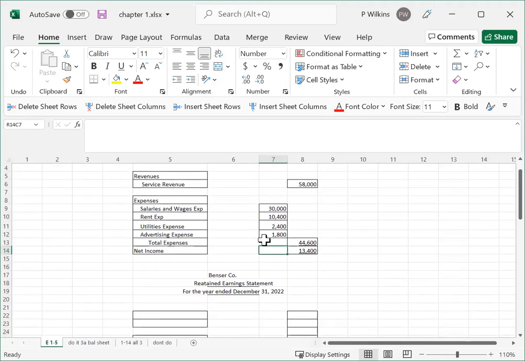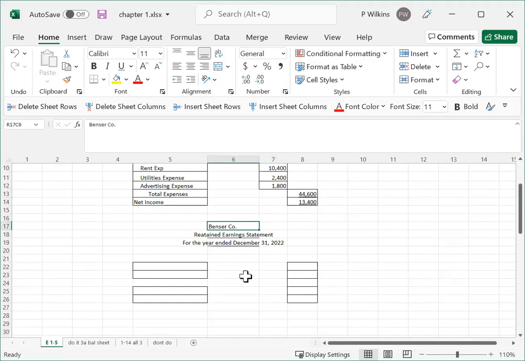All right, so now we are going to do the retained earnings statement. So again, name of the company, Benser Company. We have the name of the statement, retained earnings statement. The date on this is the same as it is for the income statement, for the year ended December 31st, 2022. And we start this with the starting retained earnings for the period.